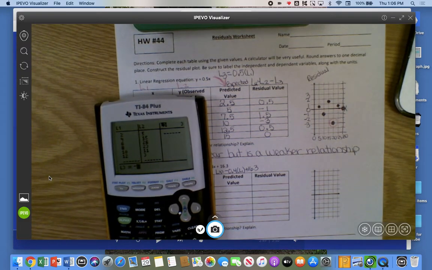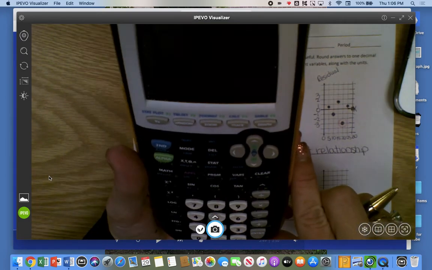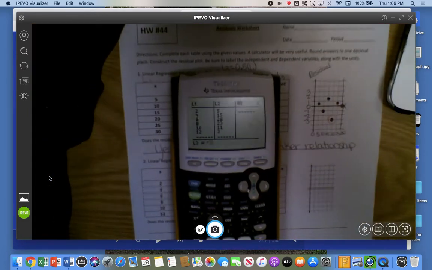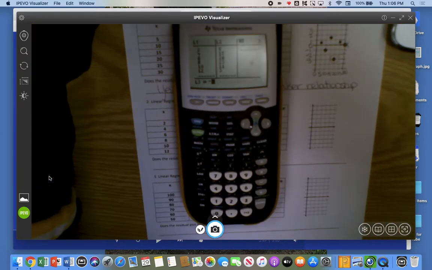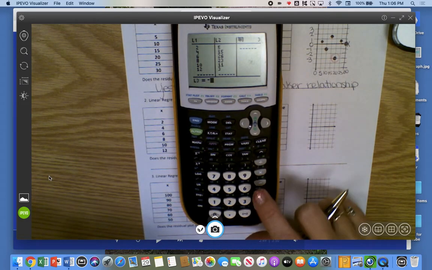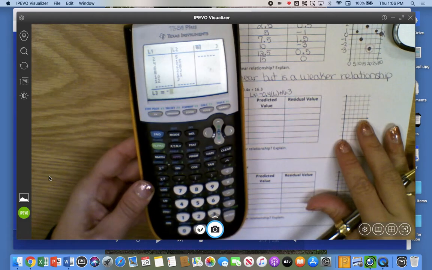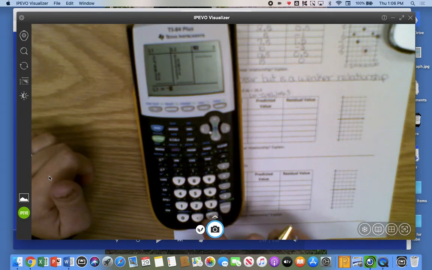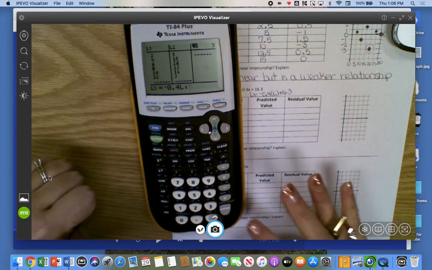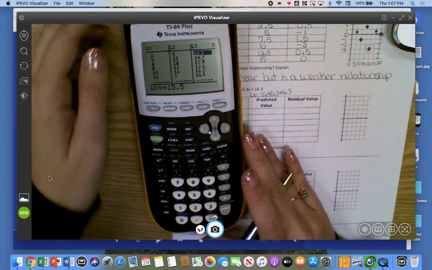Whenever you're doing your equations, don't forget that when you're typing a negative, you have to hit the negative button down here. Do not hit the minus sign, or you'll get an error. So negative 0.4 times L1, and then plus 16.3. That's going to give us our answers for plugging in each X value.